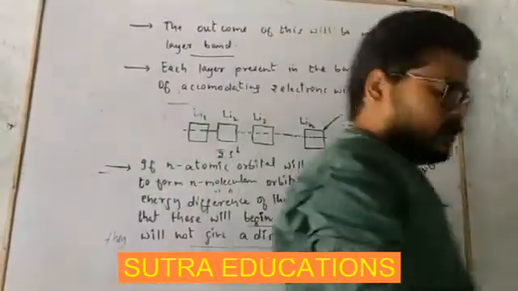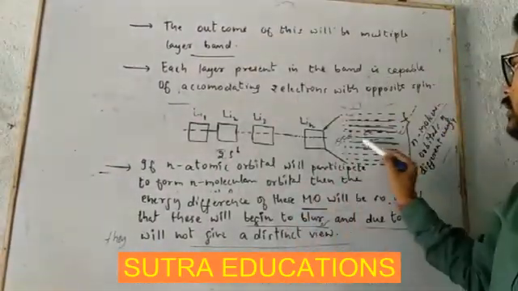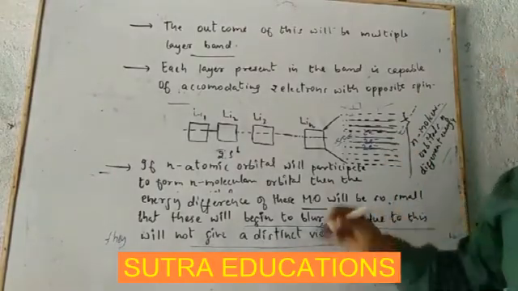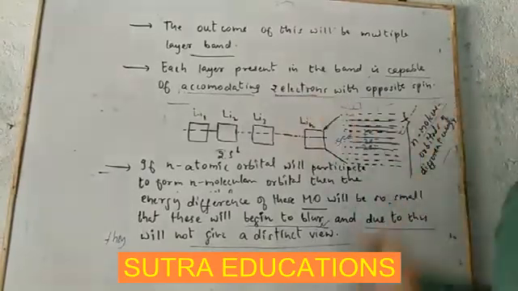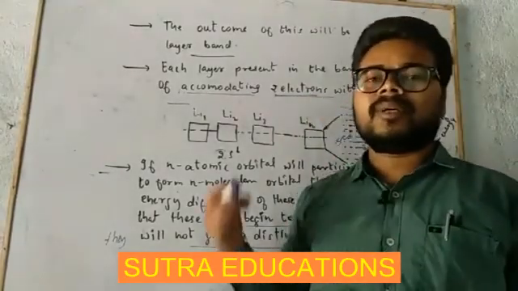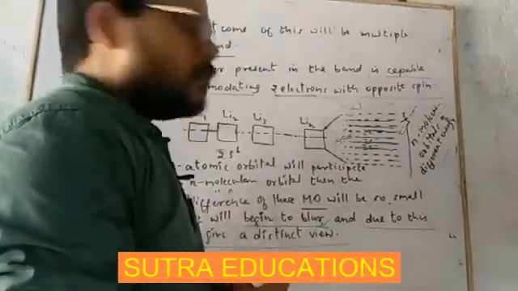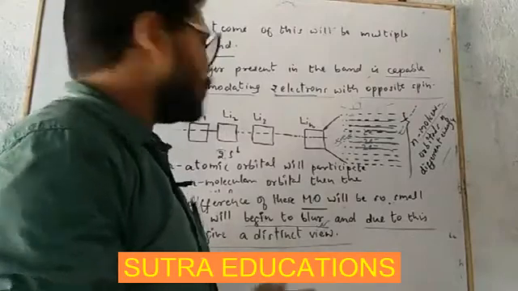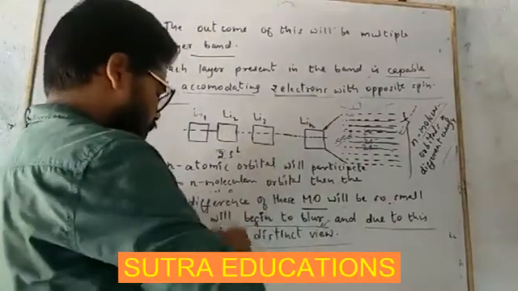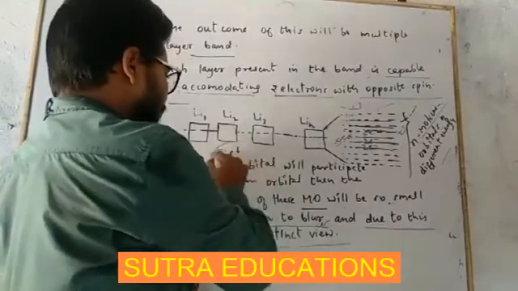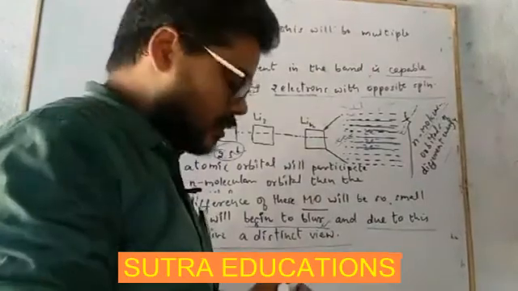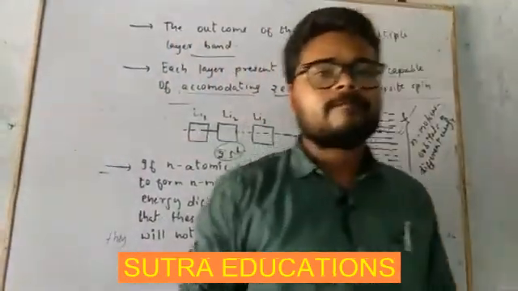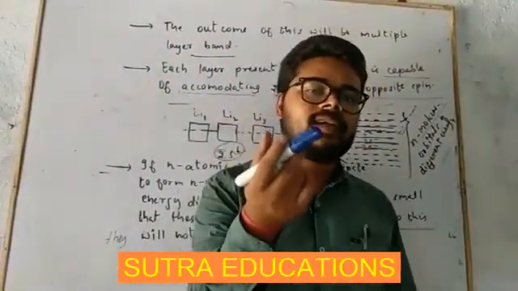Getting this? Each layer in the band is capable of accommodating 2 electrons with opposite spin. This you have studied in class 11th, spin. Now come back to lithium. Lithium, we know, I told you it is 2s1, atomic orbitals are combining, so 1 electron is present in 2s. And I told you one layer can accommodate 2 electrons.